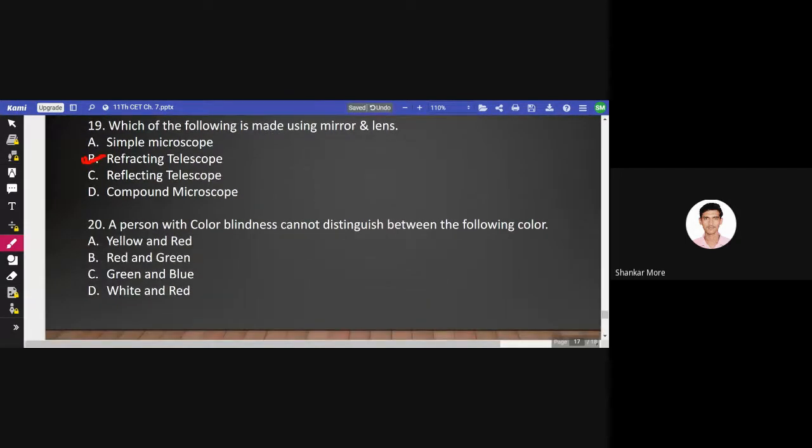A person with color blindness cannot distinguish between the following colors: yellow and red, green and blue, or white and red. Which colors are those? Oh, you're sure about green and blue? Are you sure? Arya is saying it's red and green, but you are saying green and blue.